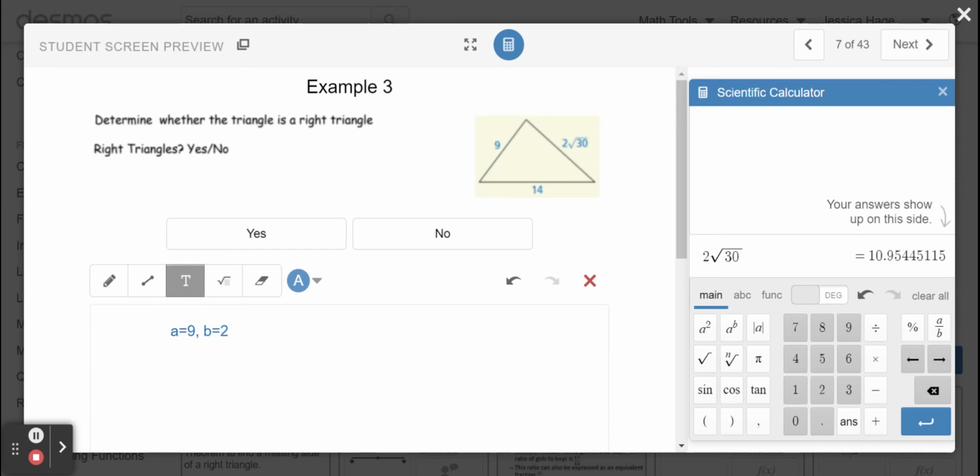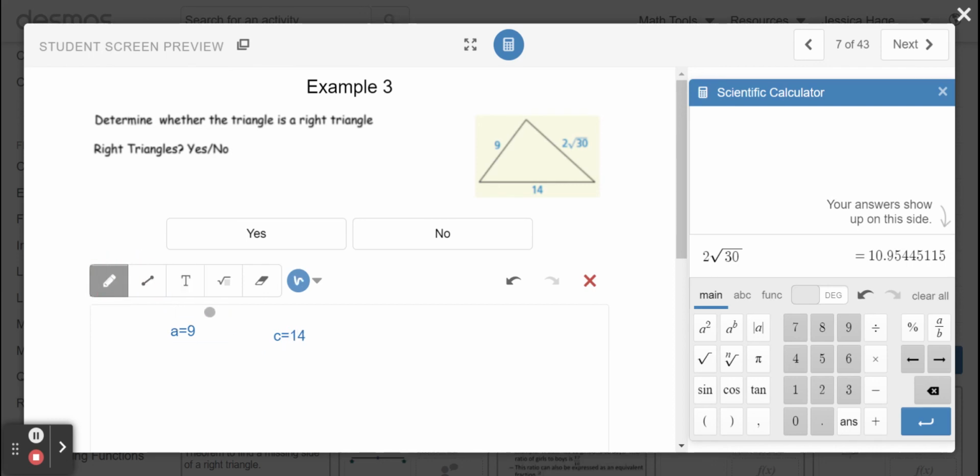Let's see if we can do it here. There we go. I'm going to have to write this one. It's hard to type when it's not the math typewriter. So C is 14 because that's the largest.